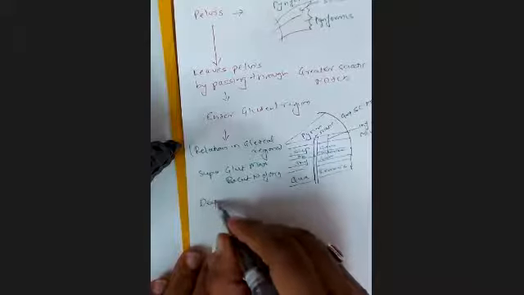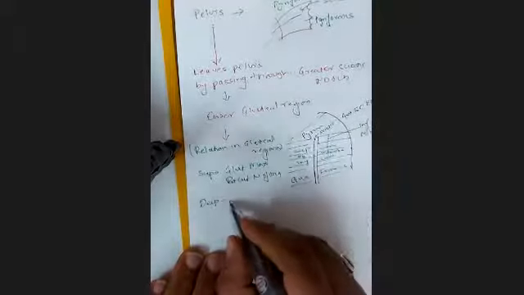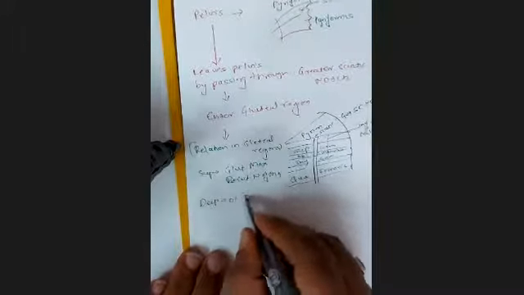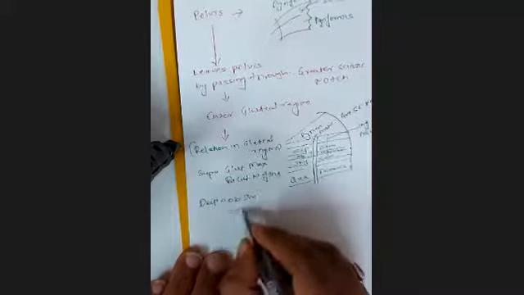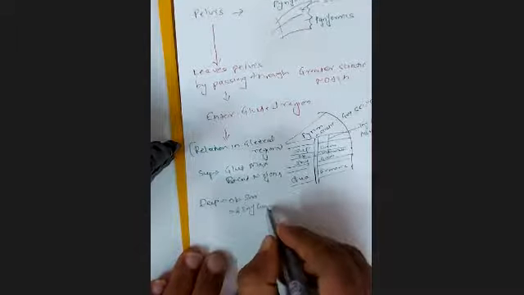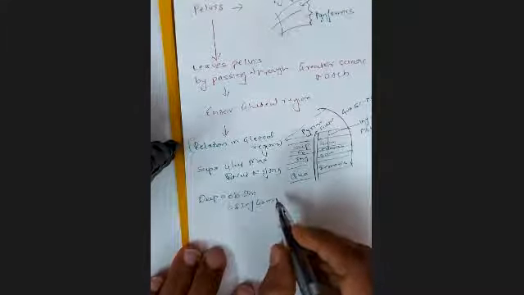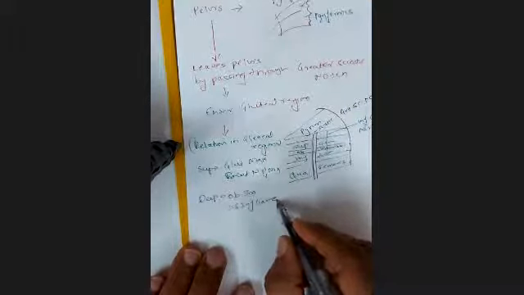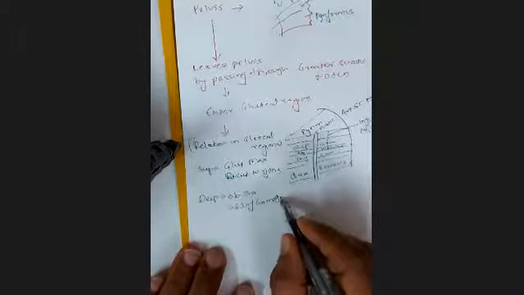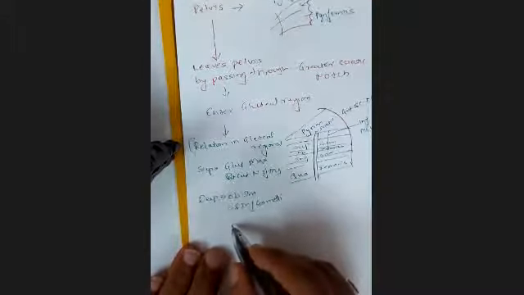What are the deep relations? Obturator internus, superior and inferior gemellus. In the exam, you have to write the full form; you cannot write the short form the way I'm writing it. Superior and inferior gemelli.